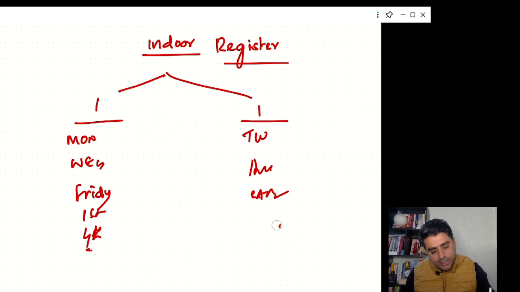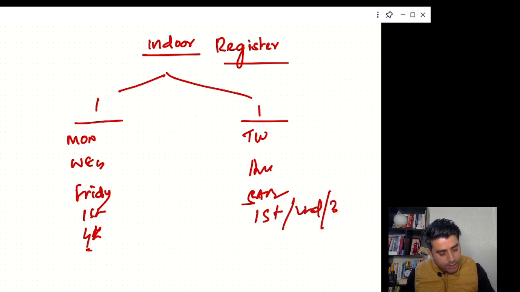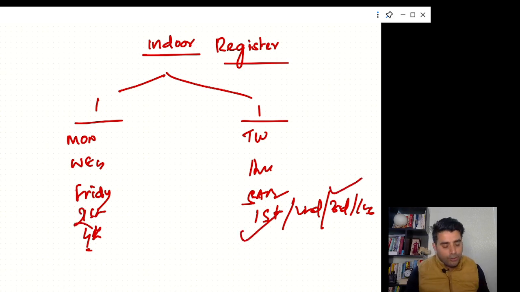The register is divided according to the Sunday, whether it is the first, second, third or fourth. One register will be for the first and third, another register for the second and fourth. Like that you need to find out.